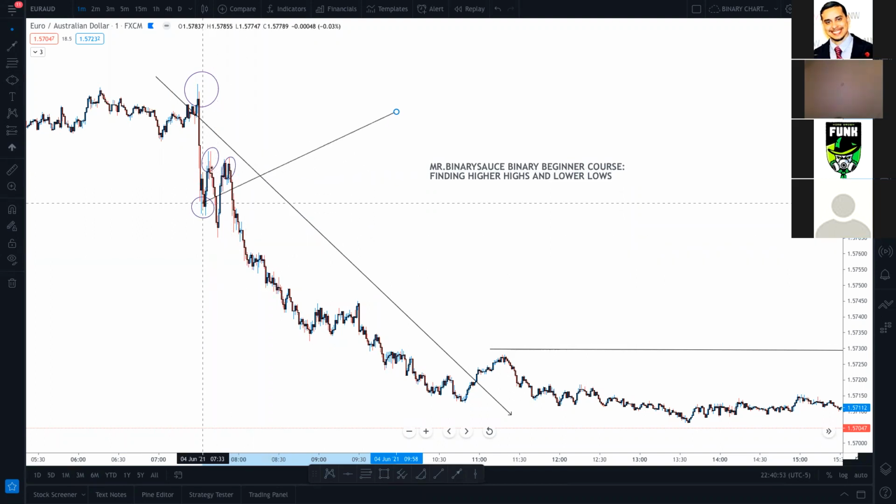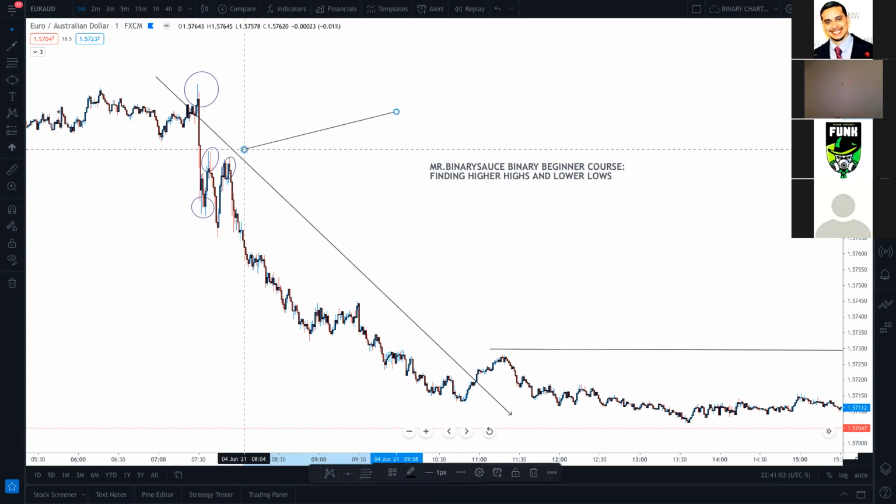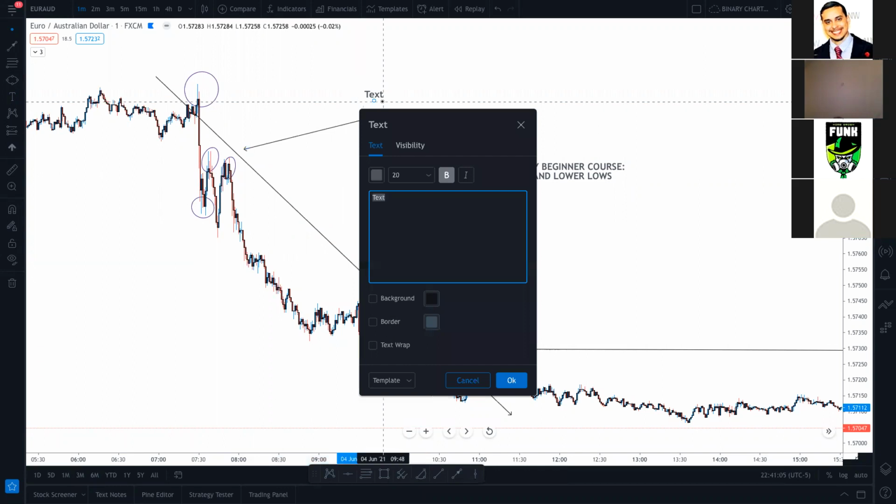It retested back up. Retesting is when it comes back up to previous price. A retest is when price comes up to previous price. I'm going to say it like 3 more times.